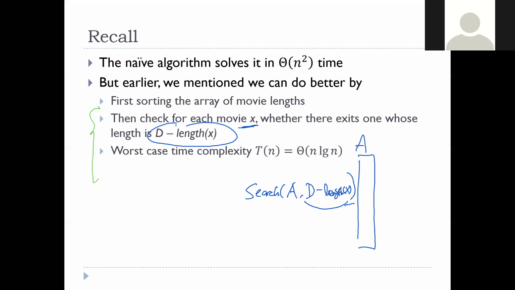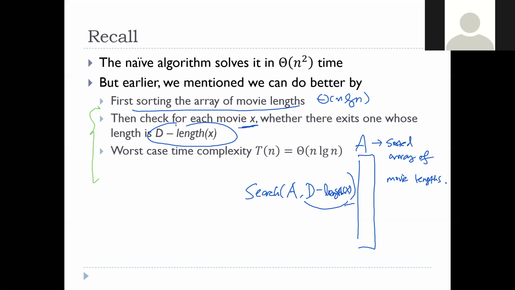This is a sorted array of movie lengths. Now, pre-sorting takes n log n time if you use the best algorithm, merge sort.